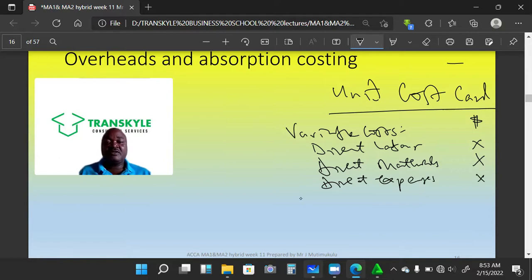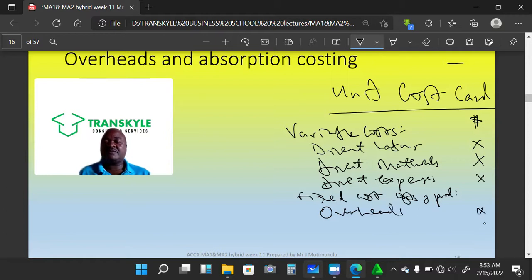It also includes things to do with usually fixed costs of production, like overheads, production overheads.